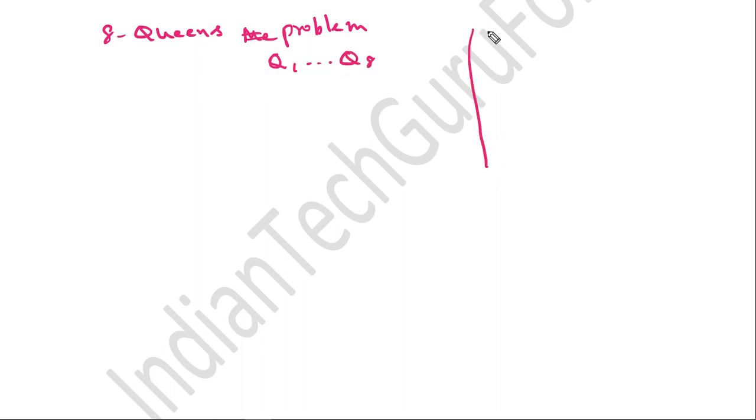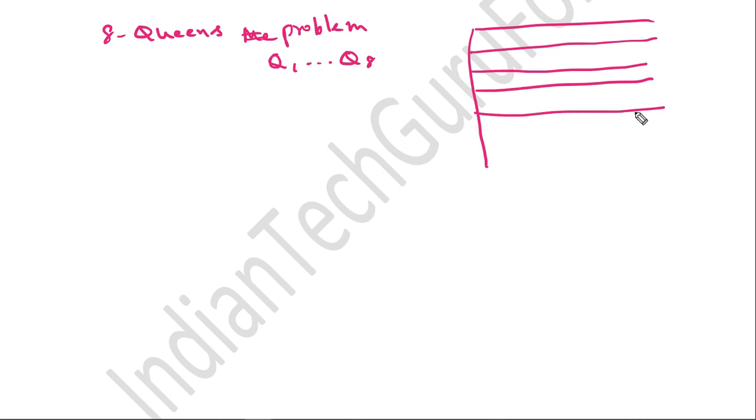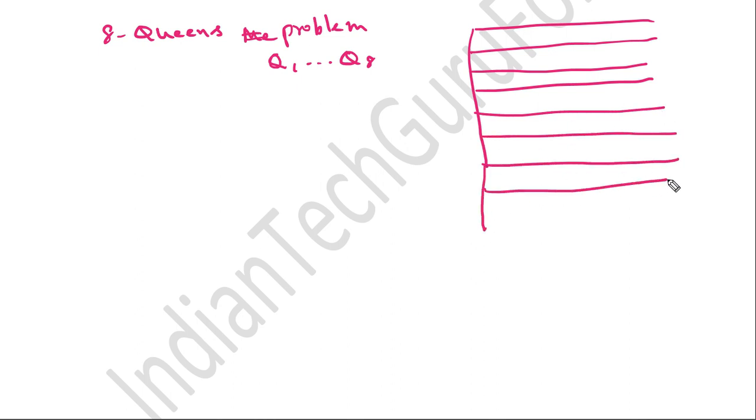8 queens problem. For solving the 8 queens problem, there will be 8 queens from Q1 to Q8, and we need to consider a chessboard of 8 rows and 8 columns: 1, 2, 3, 4, 5, 6, 7 and 8.